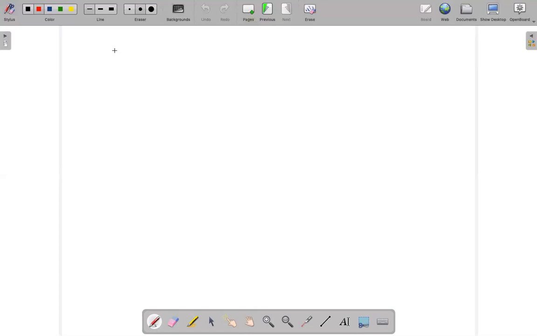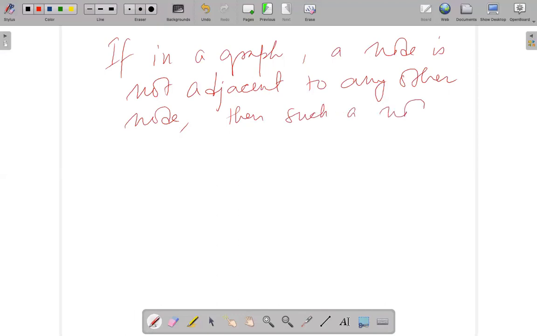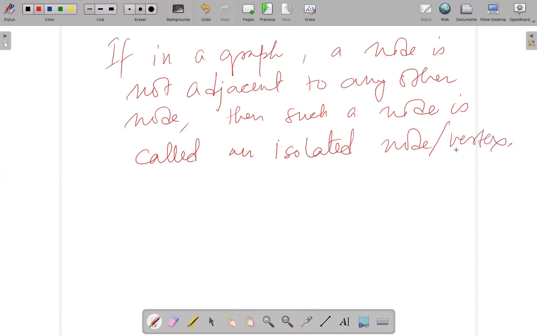Sometimes in a graph, if a node is not adjacent to any other node, then such a node is called an isolated node or vertex.